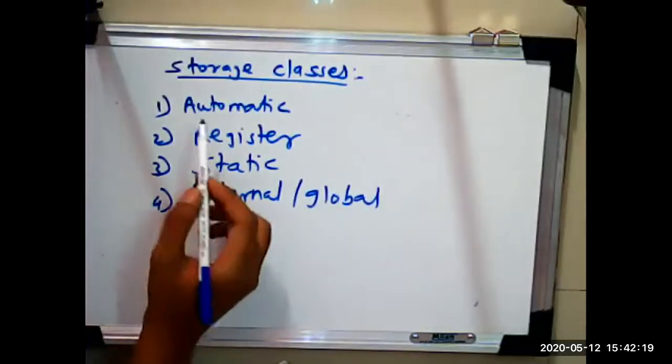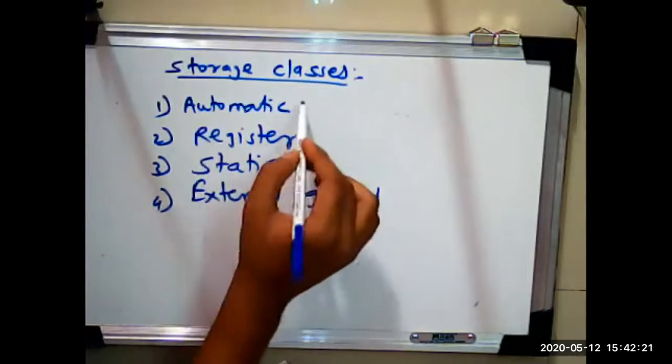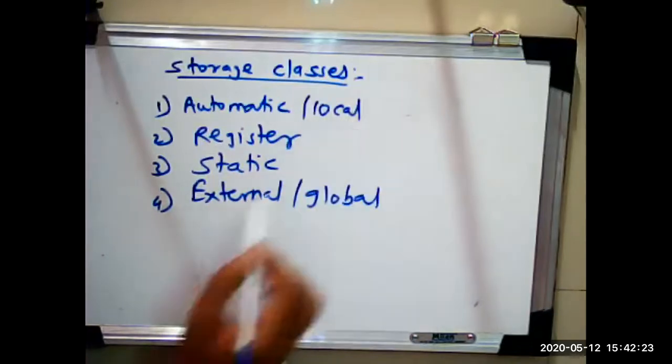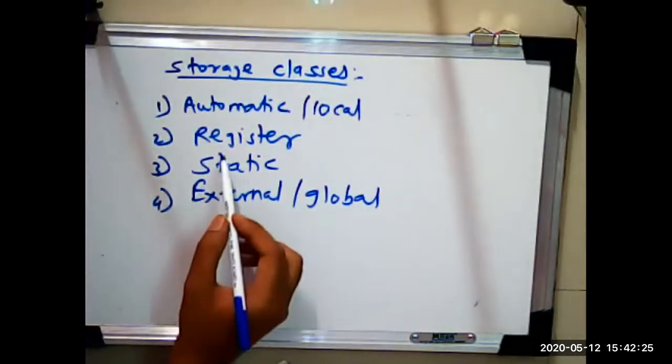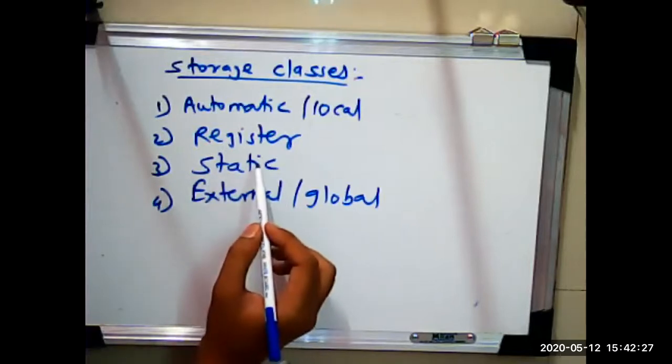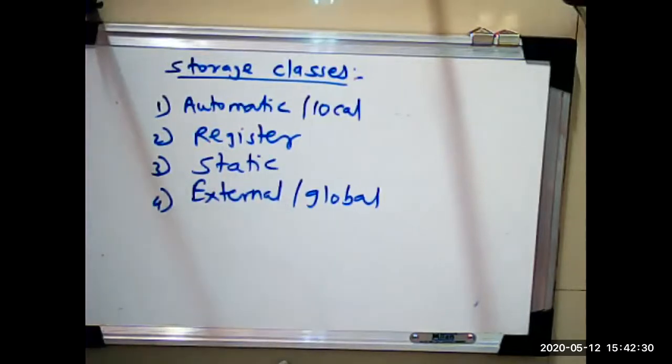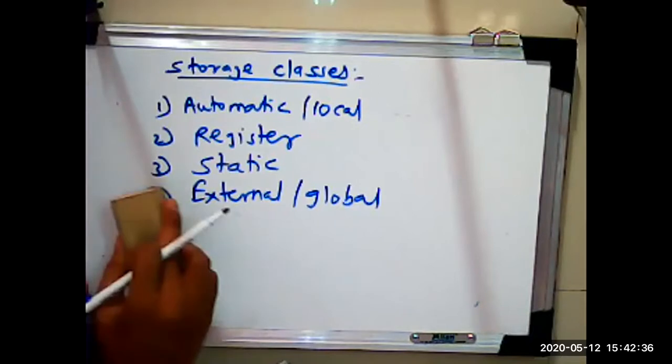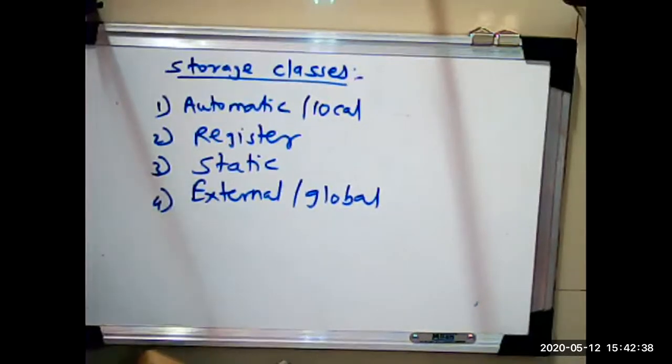You can note down here: the first one is automatic, also called local, next is register, next is static, and external. We'll see one by one what each does. Just note down all the storage classes and remember them.